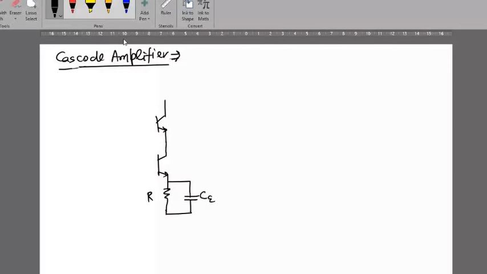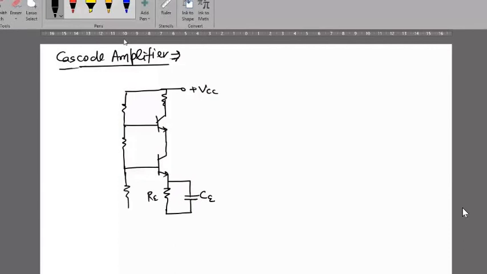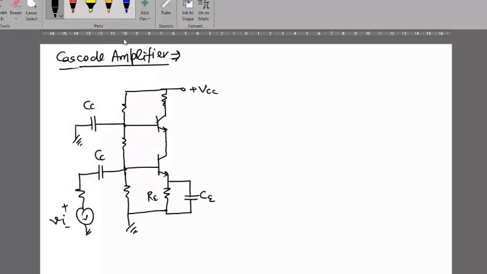CE, this is RE. Capacitor, coupling capacitor, this is R1, this is R2, this is R3, this is transistor Q1, this is transistor Q2, and here you will collect the output.